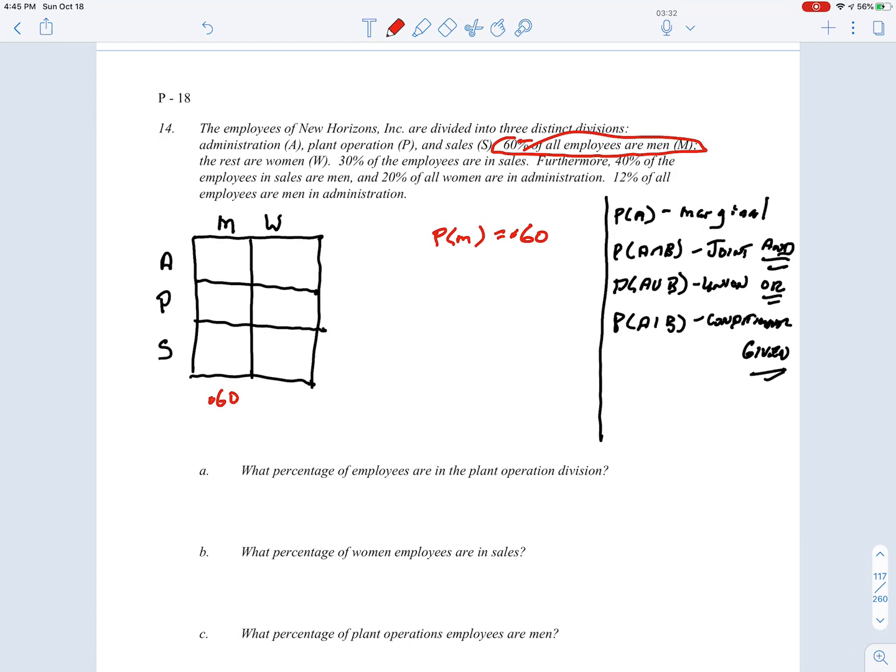So that's going to be right down here. The rest are women, so that's 40%, the complement. 30% of all of the employees are in sales. That's also a marginal probability because it doesn't mention anything about gender.